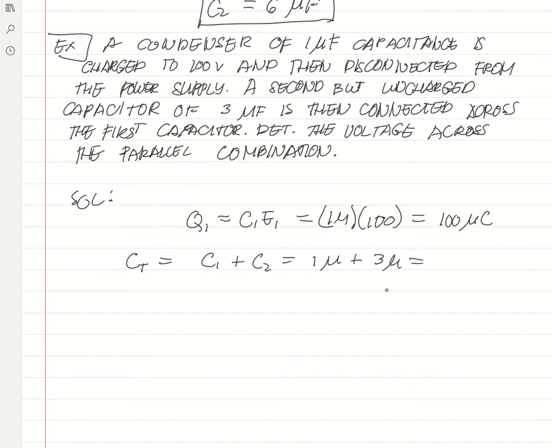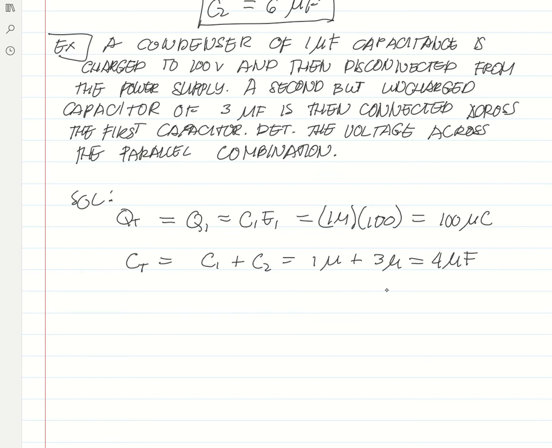So this is just equal to 4 microfarads. Then we can use this to solve for the voltage across the parallel combination. Remember, Q1 here is 100 micro. So what's this 100? This is actually also the total charge, just like what we did with the previous example.